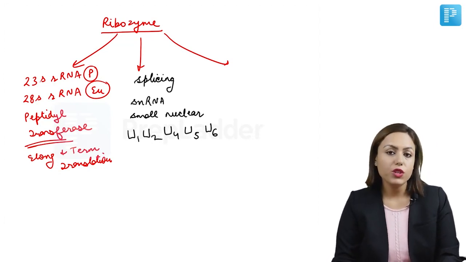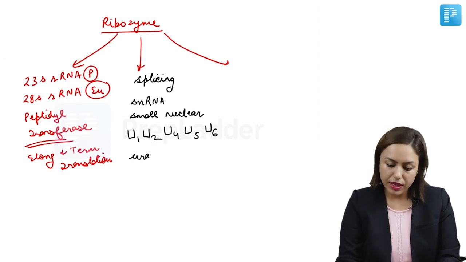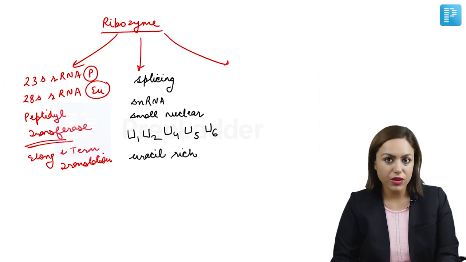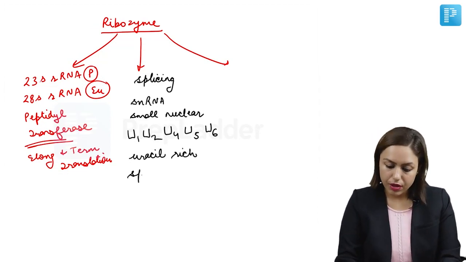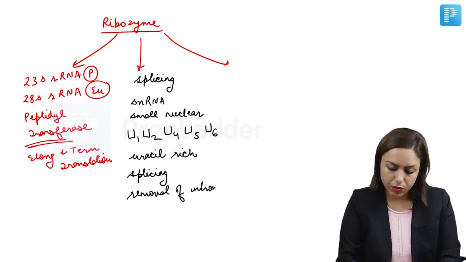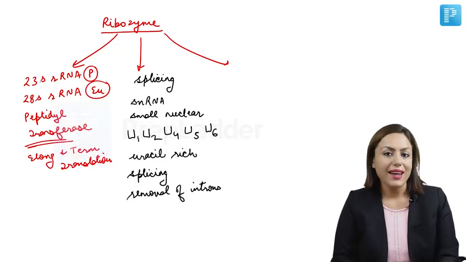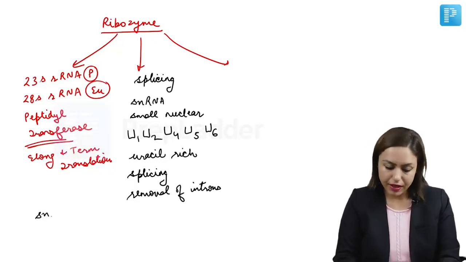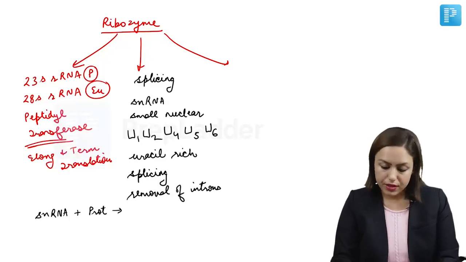So why alphabet U is used? Because these snRNAs are rich in uracil. They are uracil rich and they help in splicing. Splicing is removal of introns. Okay? And in splicing, snRNA combine with proteins and make SNRPs.